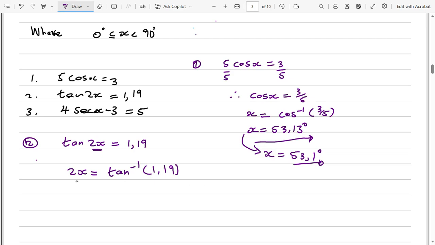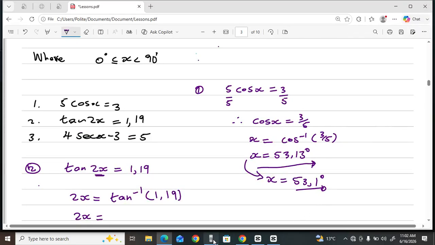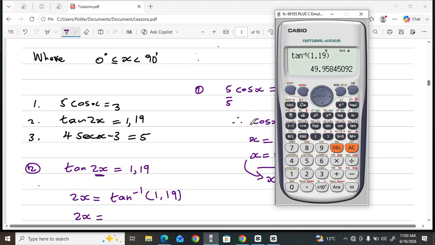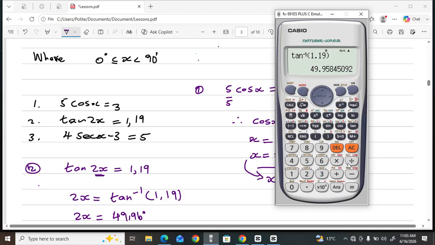And then for this one, 2x is equal to 49.96. Then divide that answer by 2 to make x the subject of the formula, which gives me 24.98.